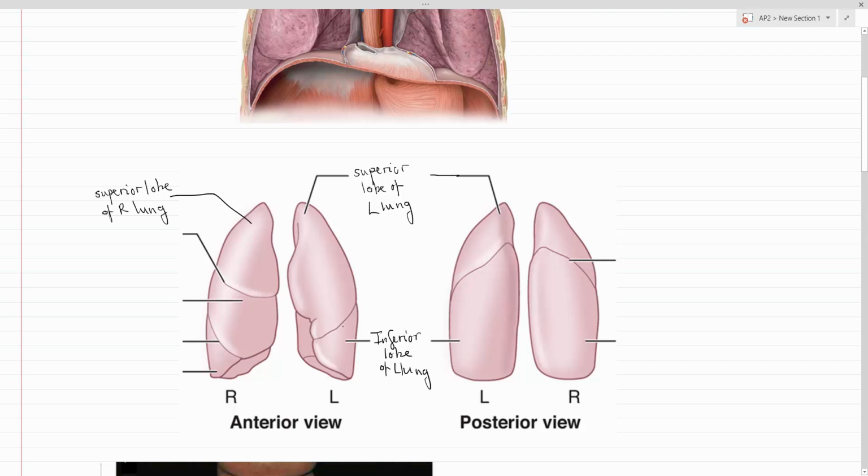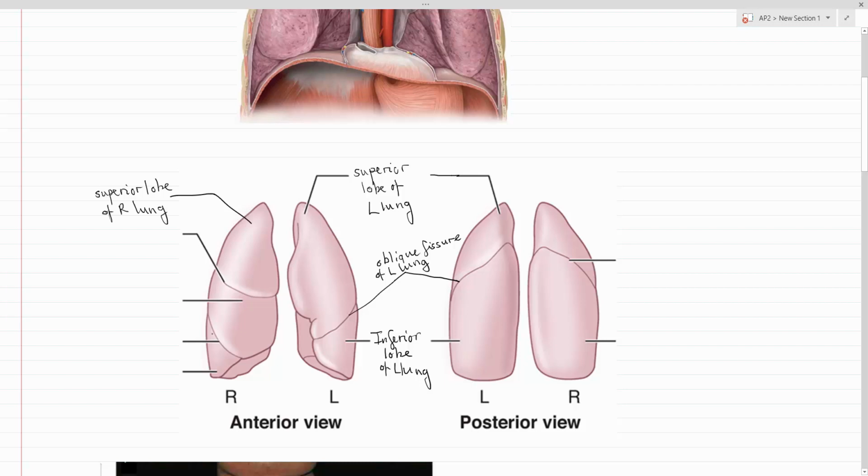The left has the superior and inferior lobe, and they're separated by this fissure over here, which is called the oblique fissure. Since there are 2 oblique fissures, one on the left and right lung, we have to be a little bit more precise. This is the oblique fissure of the left lung, whereas on the right lung there are 2 fissures over here.